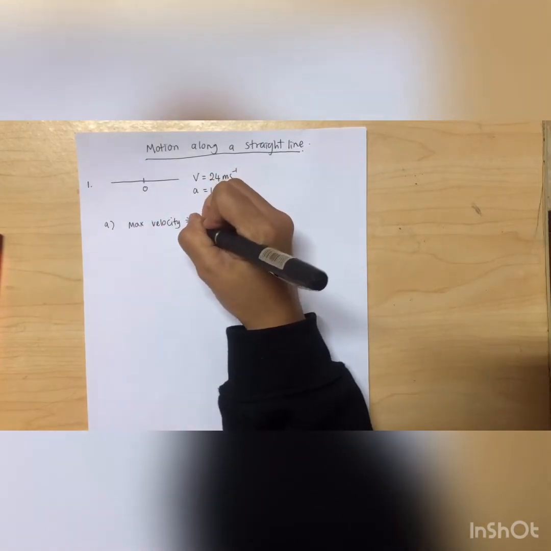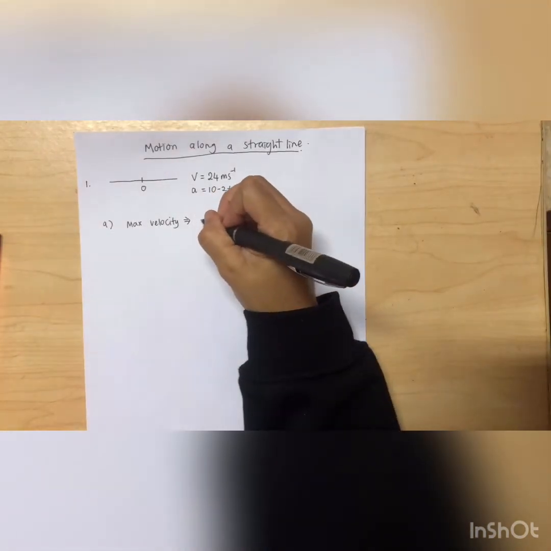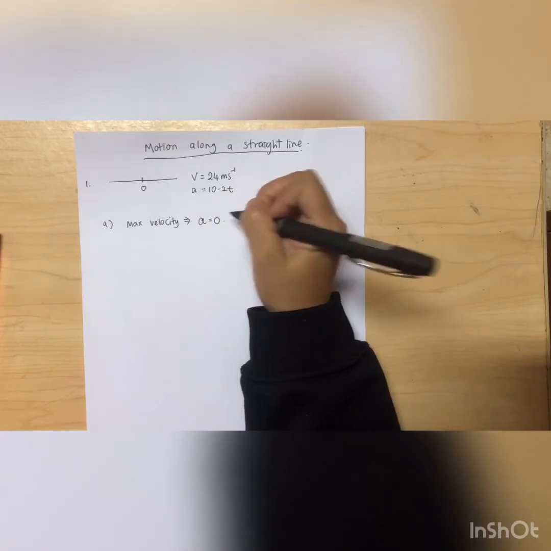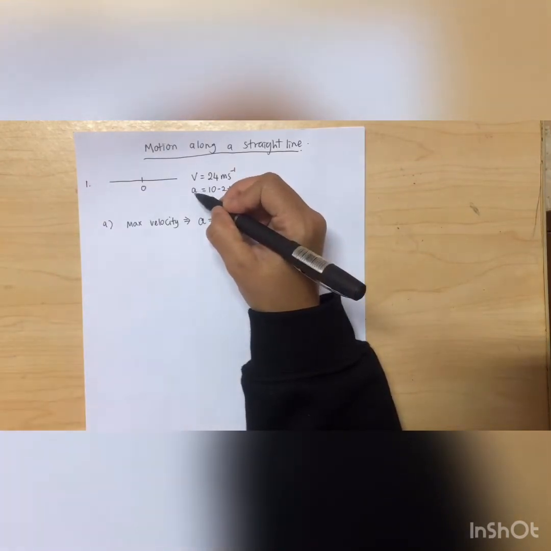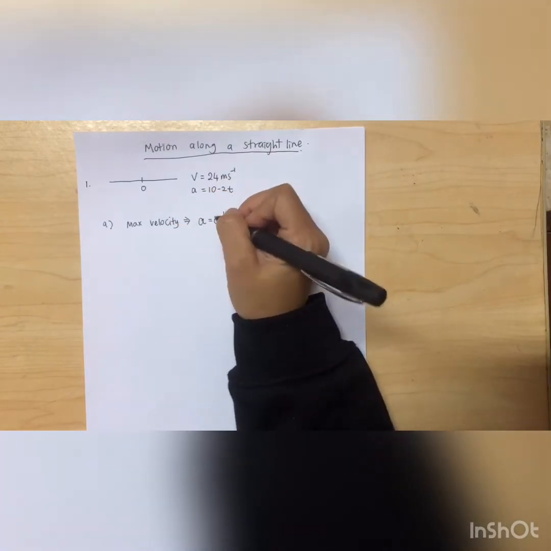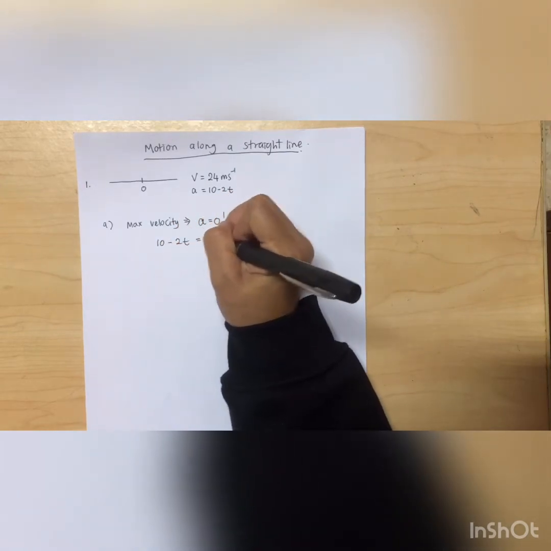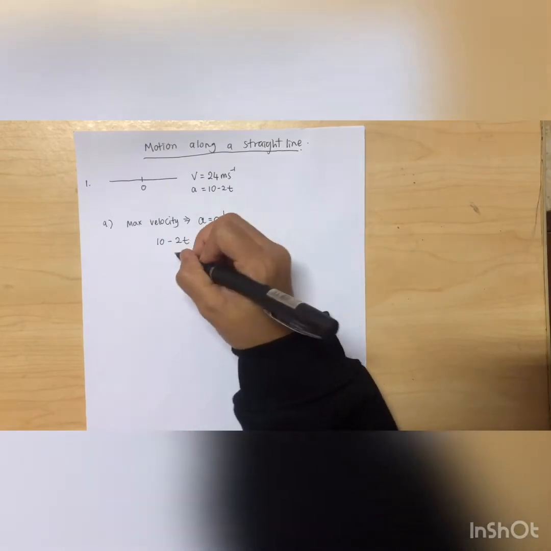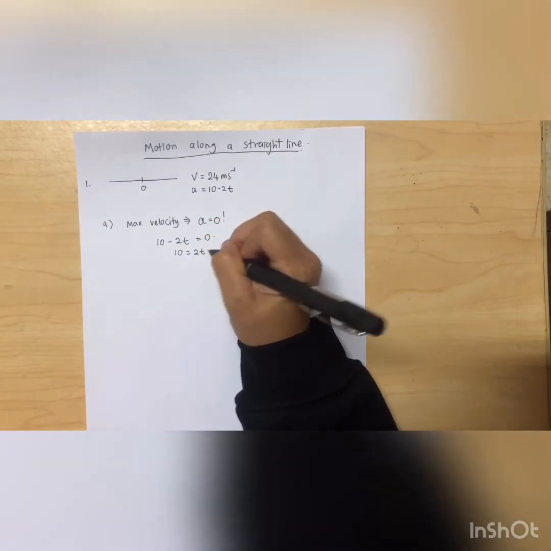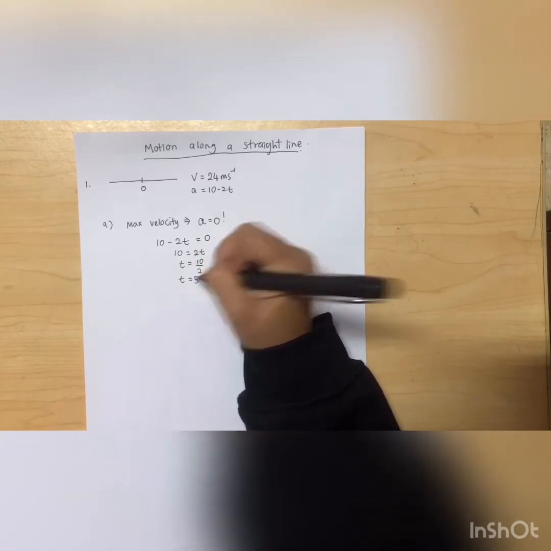So how am I going to find the maximum velocity of the particle? When the question talks about the maximum velocity, the first thing that should come to your mind is that a must be equal to 0. What is a? a is the acceleration. So 10 minus 2t equals 0, so 10 equals 2t and t equals 10 over 2, t equals 5.